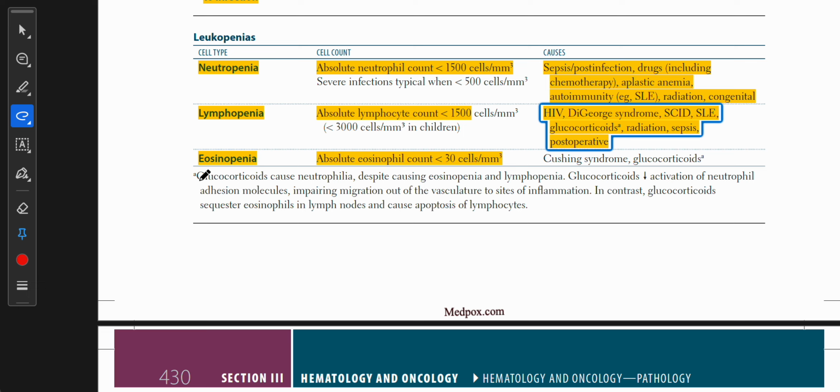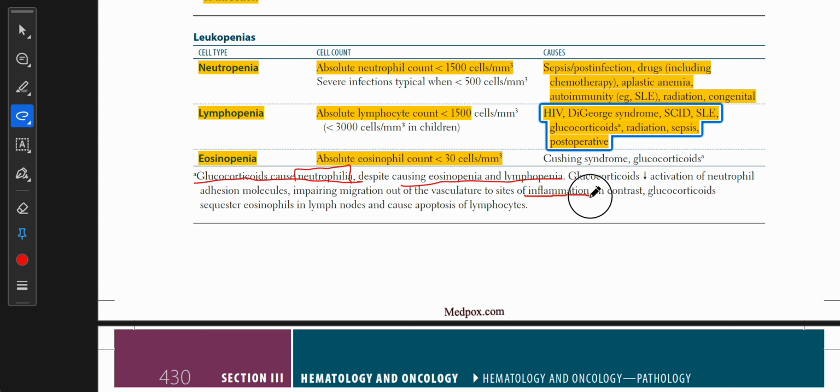So glucocorticoids cause neutrophilia, which is an increased neutrophil amount, but the other two types of leukocytes decrease, eosinopenia and also lymphopenia. Why? Because glucocorticoids decrease activation of neutrophil adhesion molecules, impairing migration out of the vasculature to the sites of inflammation.